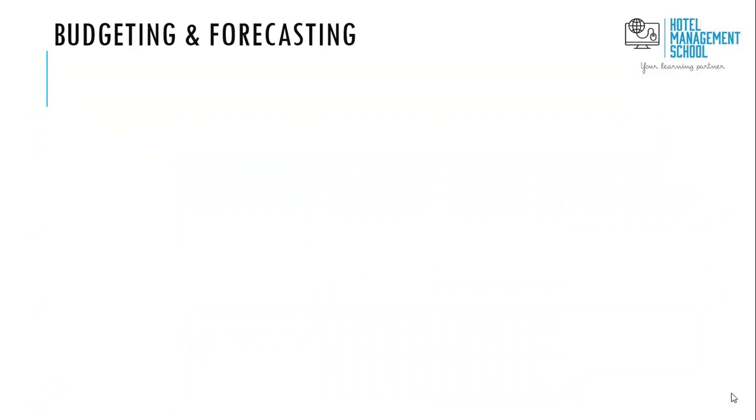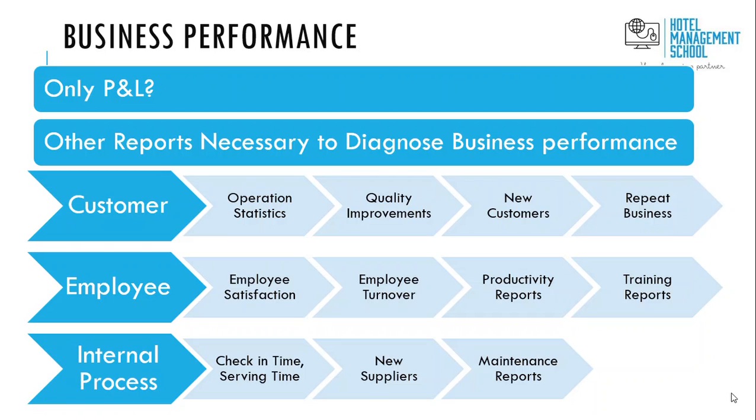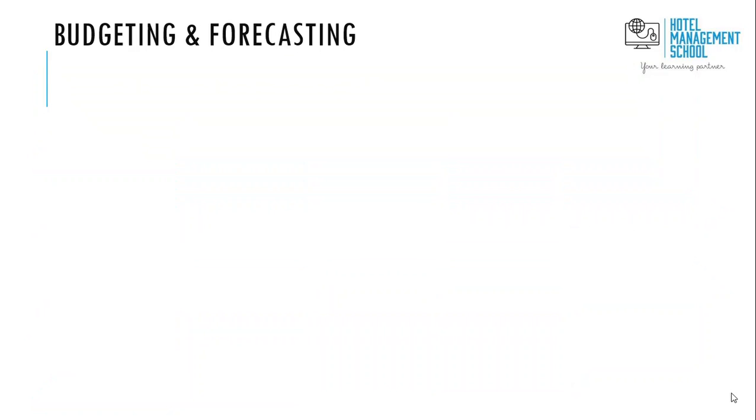So those are the different aspects of business performance that we are now looking at, so that we can check our business performance from an overall perspective rather than only a financial perspective. So all four perspectives: finance, customer, employee, and internal processes are called the balanced scorecard. We're going to be looking at that in the future as well.